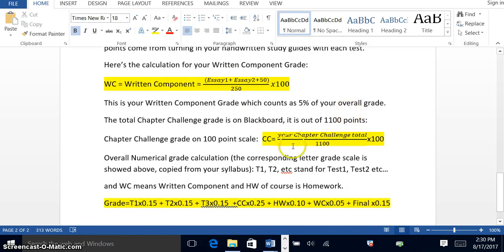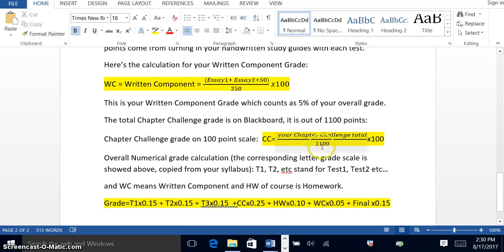The chapter challenge is the same idea. There are a total of 10 chapter challenges. The last one's a little different. It is worth 200 points. It's kind of like a final exam, if you will, for the chapter challenge chapters.